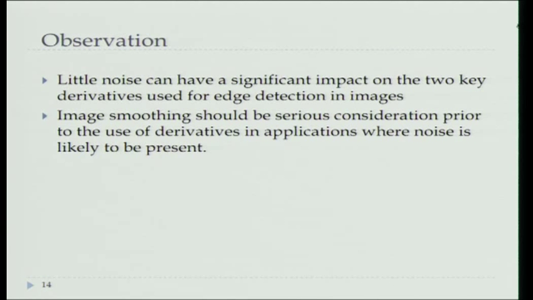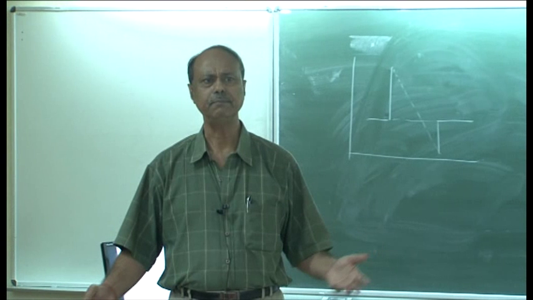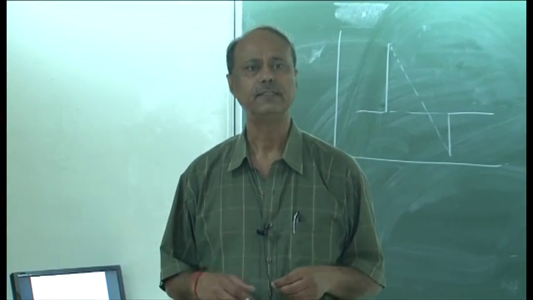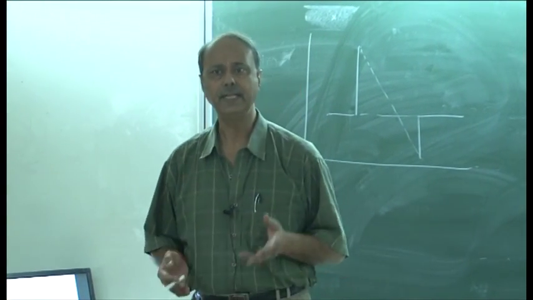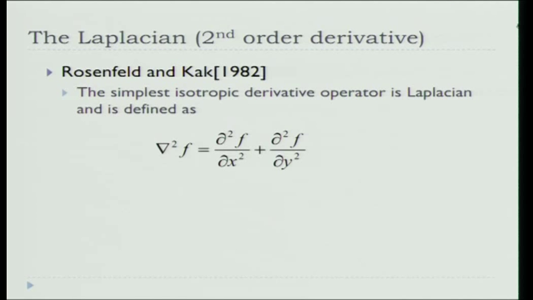So, what is suggested is that you first smooth the image by some method before you think about the derivatives, right. So, first you smooth the image by some method, say average filtering or any method. Once you do it, that noise will be gone, then you perform the first derivative or second derivative.